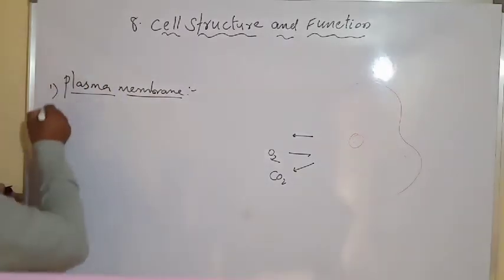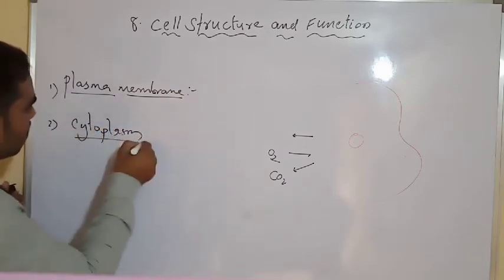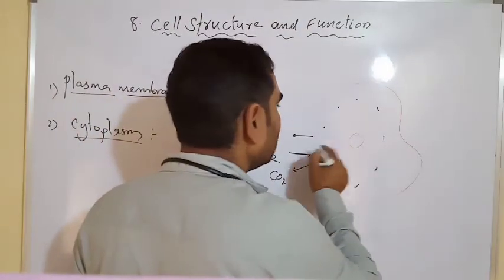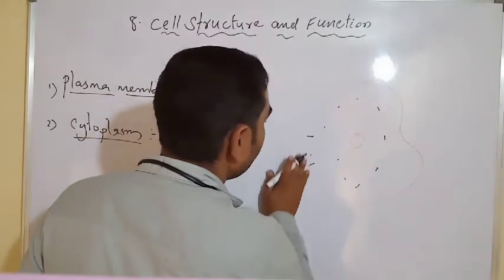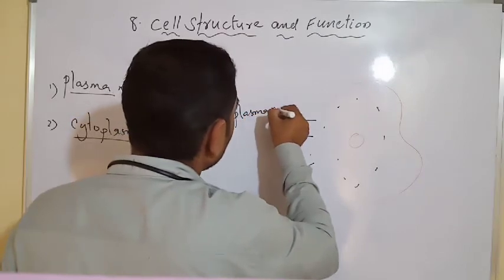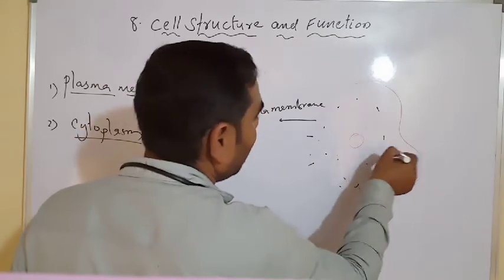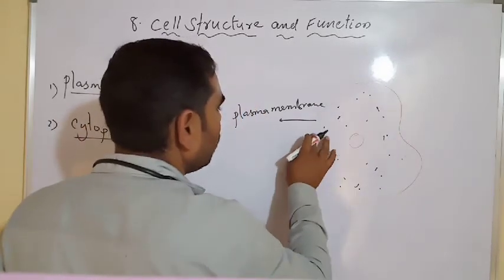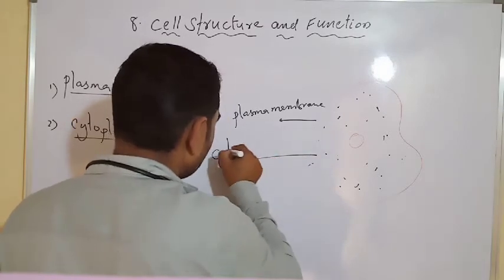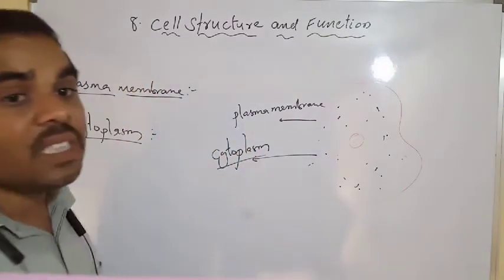Next is the cytoplasm. A liquid-like substance is present. The first one is the plasma membrane, and inside it is a liquid-like substance, which we call cytoplasm. Many organelles are embedded in the cytoplasm.